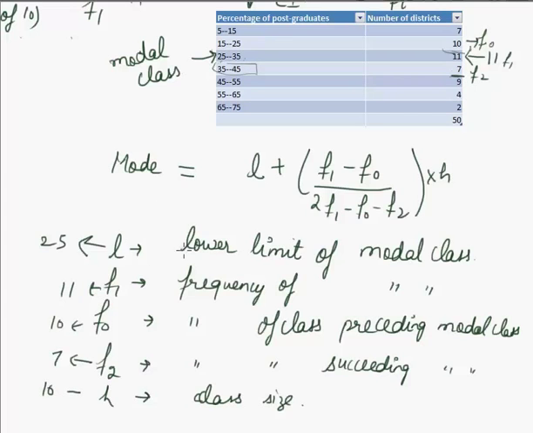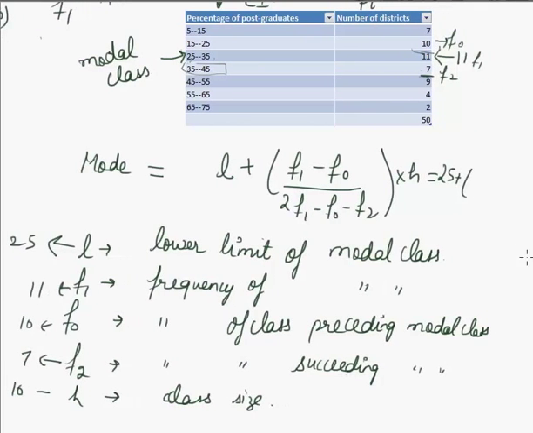So mode is, for this data, L, that is 25, plus F1, which is 11, minus 10 over 2 into F1, that is 2 into 11, minus F0, that is 10, minus F2, that is 7, into H, which is 10.